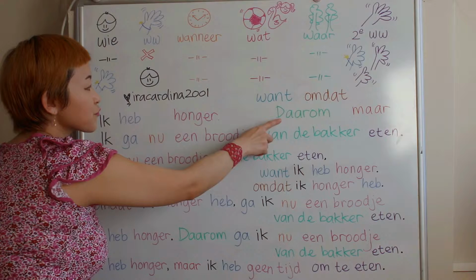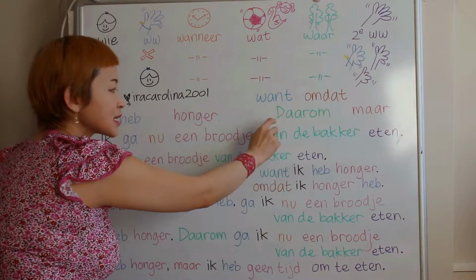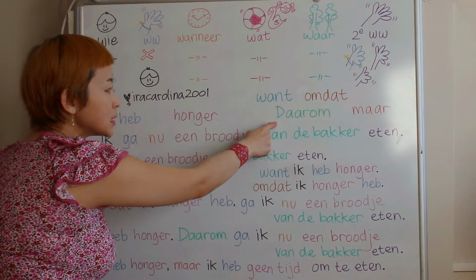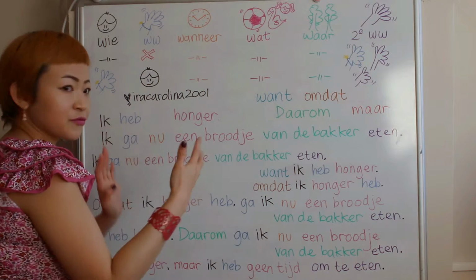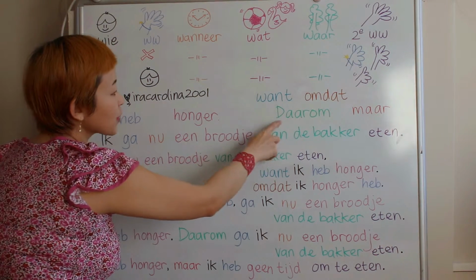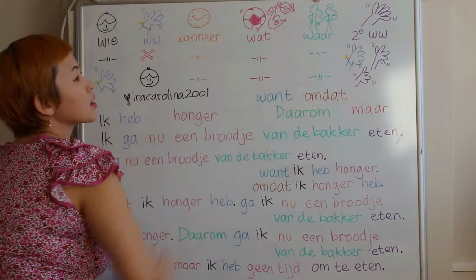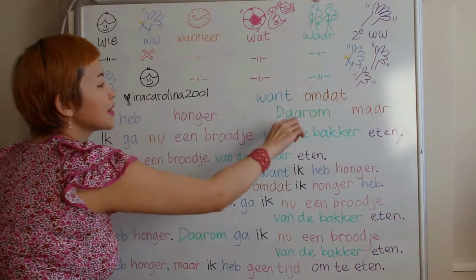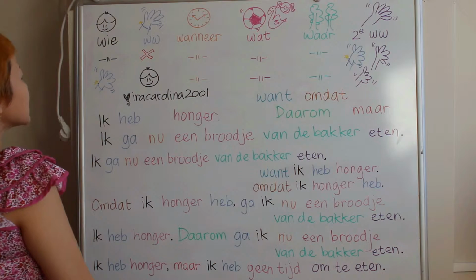You always have to put a capital or big letter for the first letter for Daarom, because Daarom is always at the first of the sentence. So you have to put Daarom with a capital D. Daarom, that's why. Let's start it.